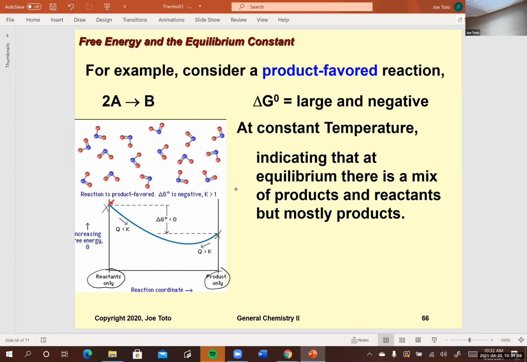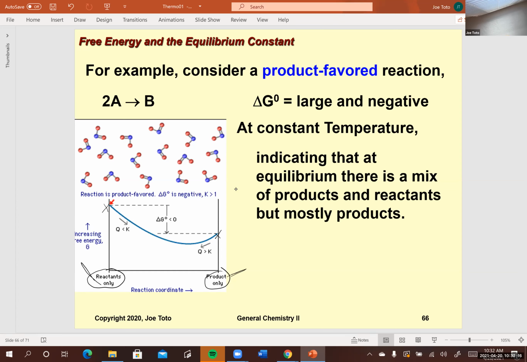In other words, pure product or pure reactant has a low entropy, and Gibbs free energy can be reduced by having some sort of a mix.